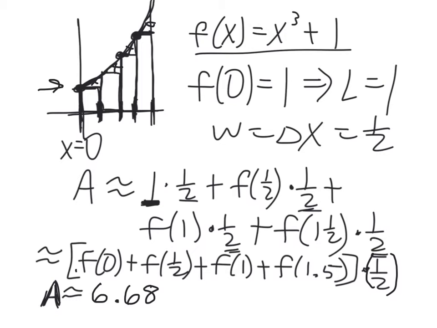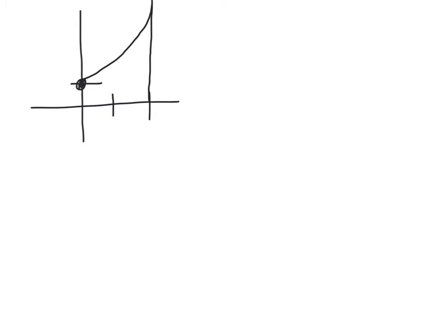Well, let's go ahead and shift over to part B using the right endpoints this time. And I'll go ahead and go to the next page. Now, whether we're using the right endpoints or the left endpoints, because we're still looking at 4 rectangles here, delta x is still going to be 1/2.